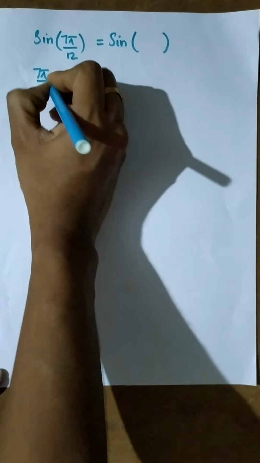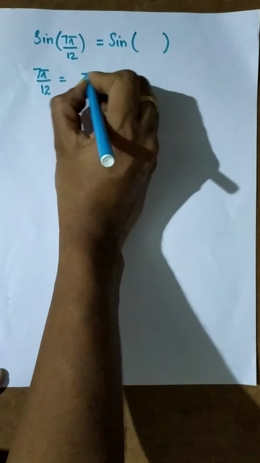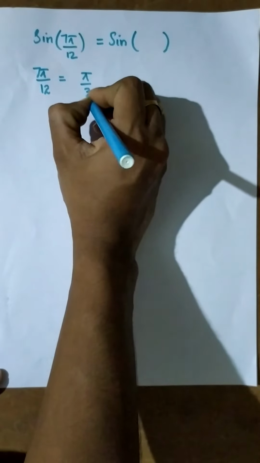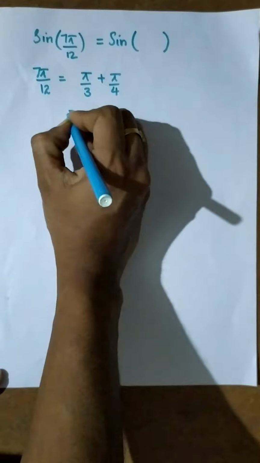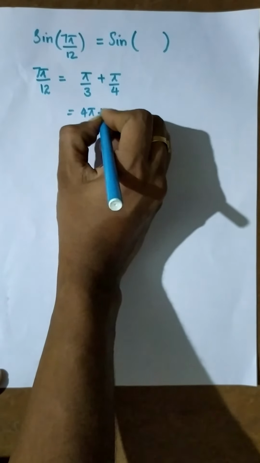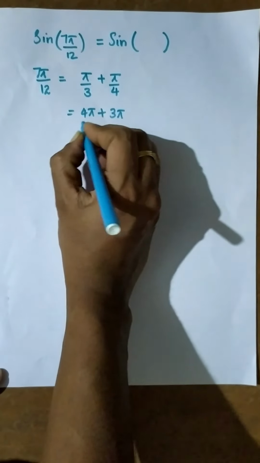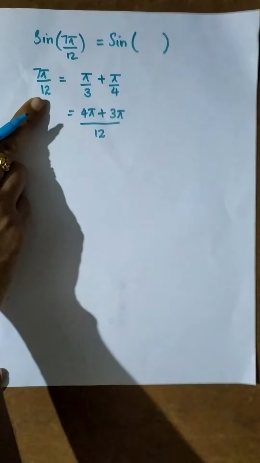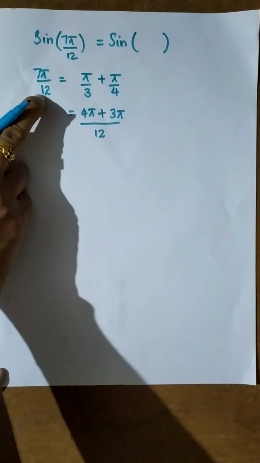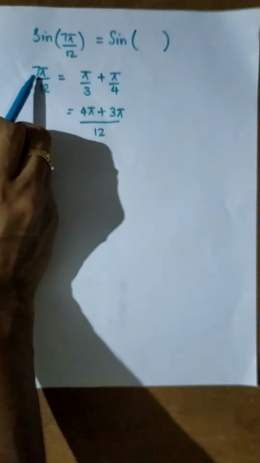So let us take that 7 pi over 12 and see how you can write this as the sum of two terms such that the sum of those two should be the coefficient of the numerator, and the product should be the denominator.